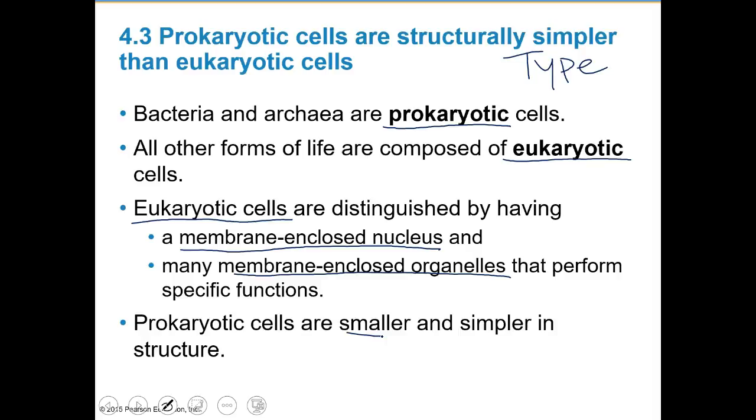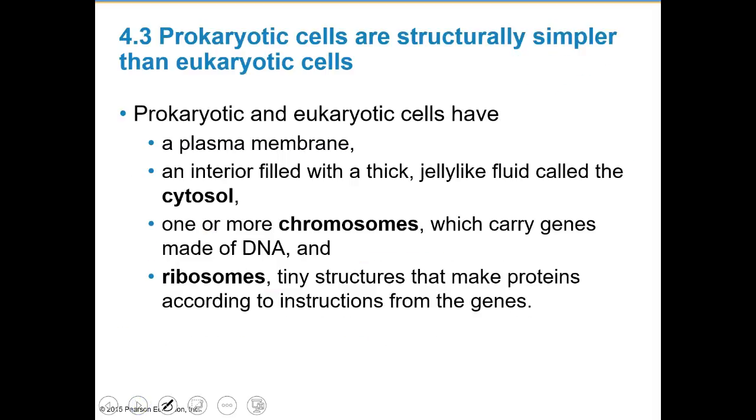They're wimpy looking, but some real nasty stuff ends up being prokaryotes, like strep throat or MRSA. There are some pretty wicked diseases where these little simple cells can mess you up. Okay, so prokaryotic and eukaryotic cells do have some things in common. So this is going to be some commonalities between the two of them. Some things that they're all going to have.